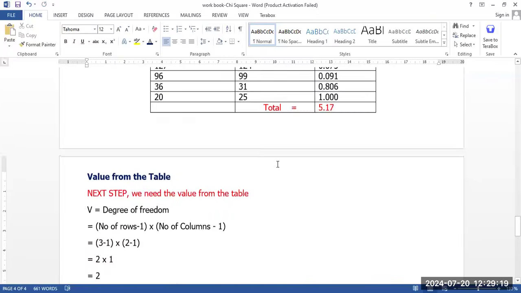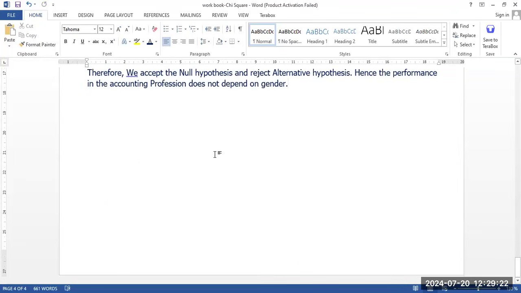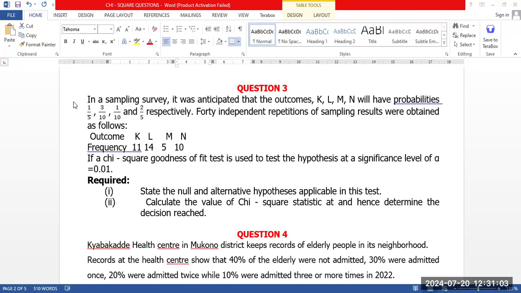So we are done with question 2. We go to question 3. They are telling us that in a sampling survey, it was anticipated that the outcomes K, L, M, N will have probabilities 1 out of 5, 3 out of 10, 1 out of 10, and 2 out of 5.